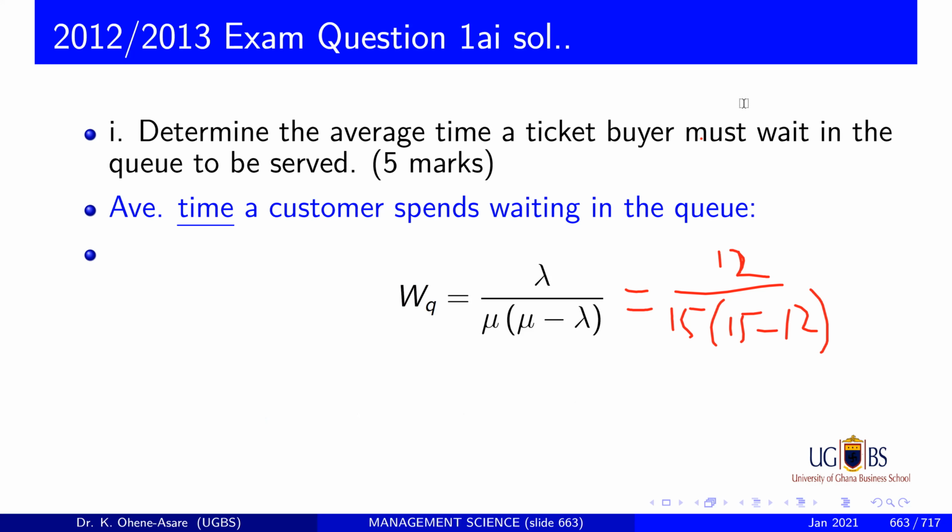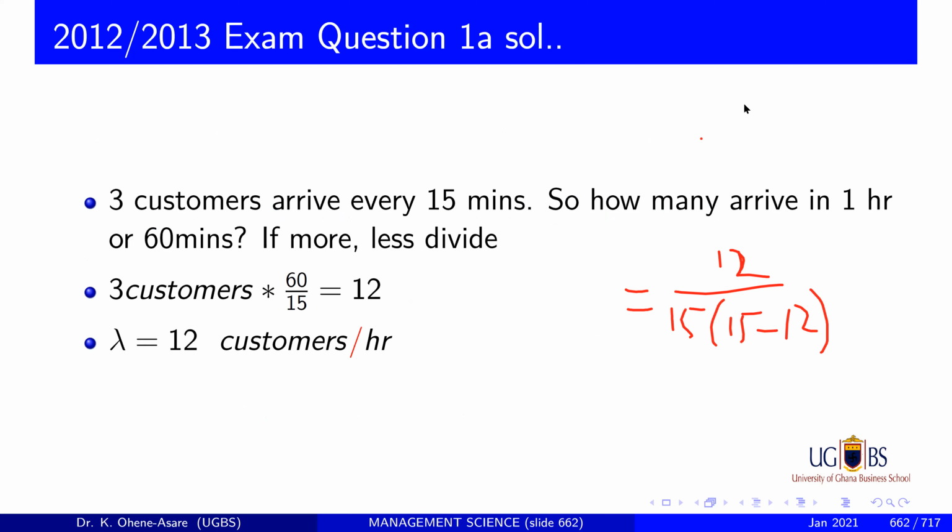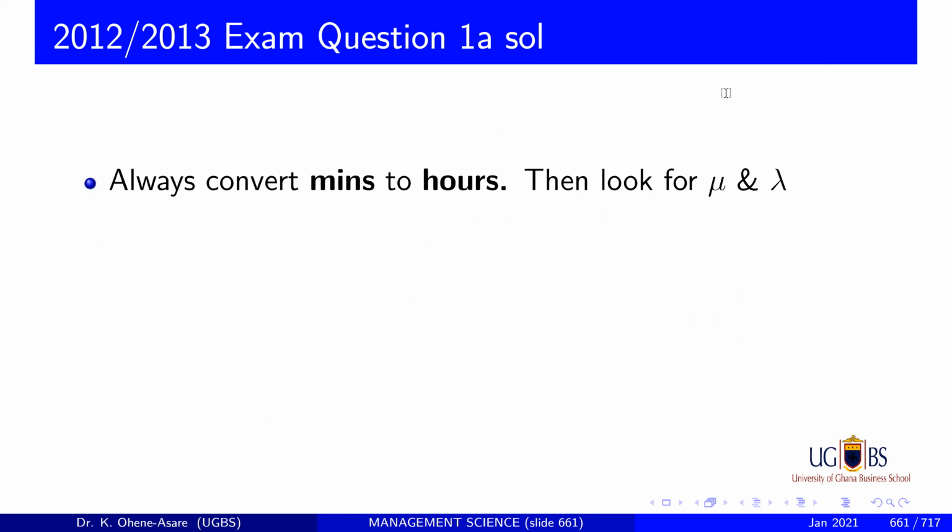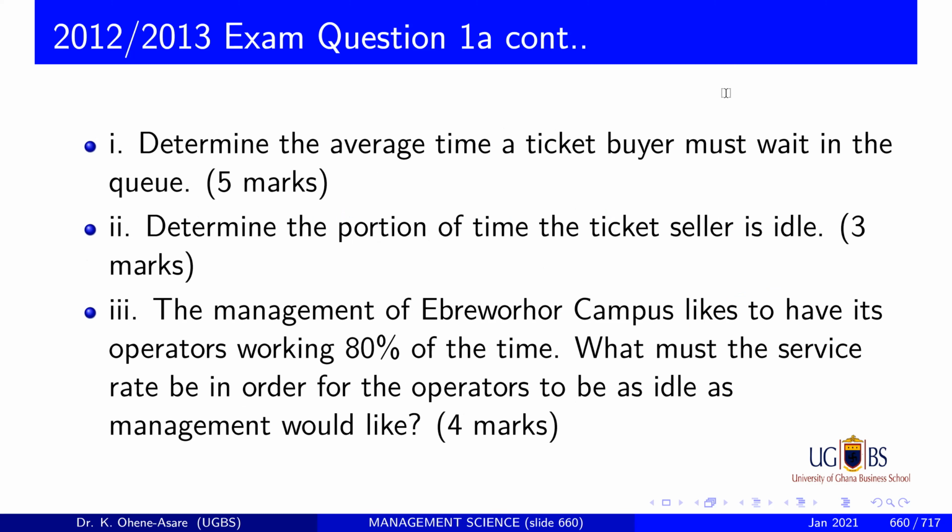Now, let's look at the next part of the question. It says, determine the portion of time the seller is idle. The word portion is percentage.